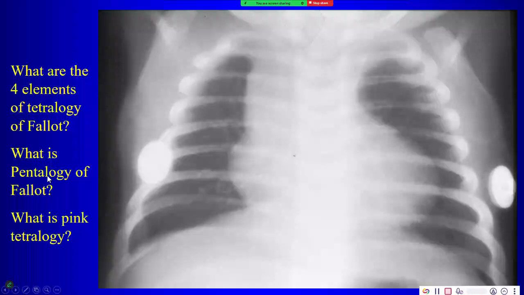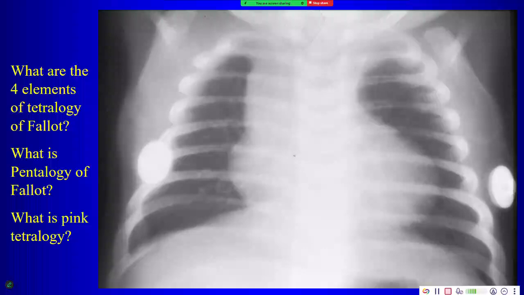What is pentalogy of Fallot? If we add one more thing on that, we get pentalogy of Fallot. What's that one more thing? ASD. Right. Now, what is pink tetralogy? Yes. Right. So the infundibular stenosis is not as bad.